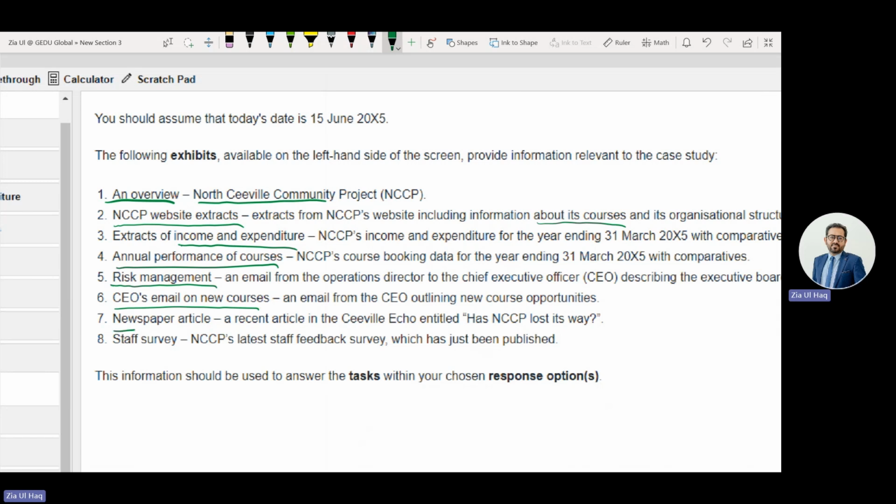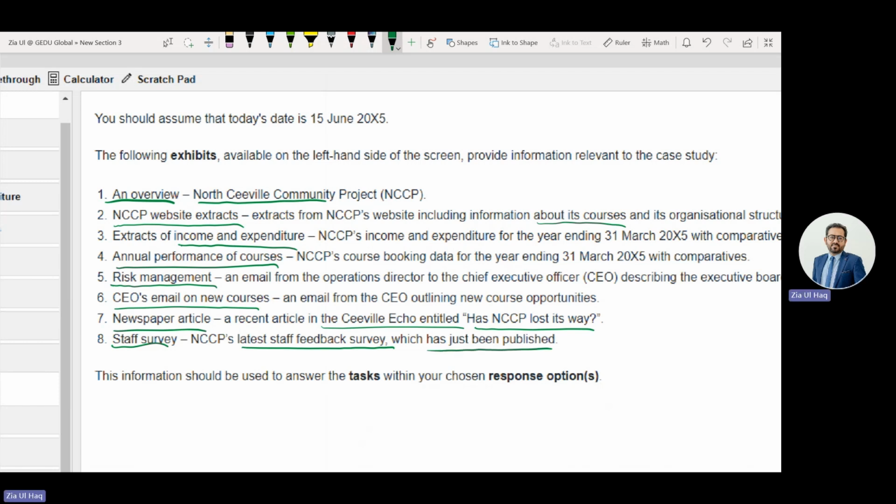Exhibit 7, newspaper article. A recent article in the Seville Eco entitled 'Has NCCP Lost Its Way?' This means a newspaper article highlighting some issues relating to the company. And Exhibit 8, staff survey. NCCP's latest staff feedback survey, which has just been published.